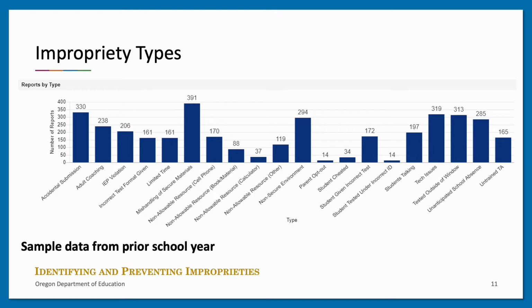While all improprieties are concerning, we continue to receive reports of non-allowable resources being provided as well. If non-allowable resources were a single category, they would rate among the top 5 common impropriety categories. Please work with your staff to decrease these inappropriate practices. ODE, for our part, continues to work on decreasing those that are a result from technology challenges.